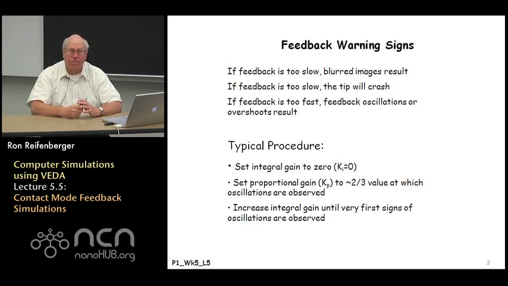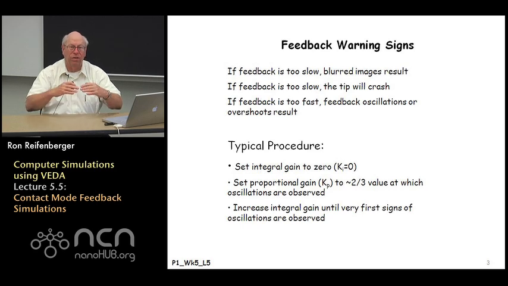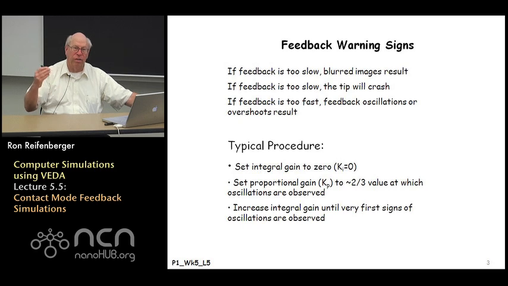First, let's talk about the feedback warning signs that you should be aware of. In my experience, if the feedback loop is set too slow, in other words, if the P and I parameters are too small, you tend to get blurred images, and you'll also experience tip crashes repeatedly. That's a sure indication that the P and I have to be increased in order to speed up the response of the controller to the motion of the tip.